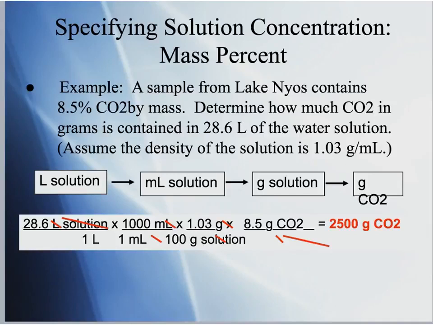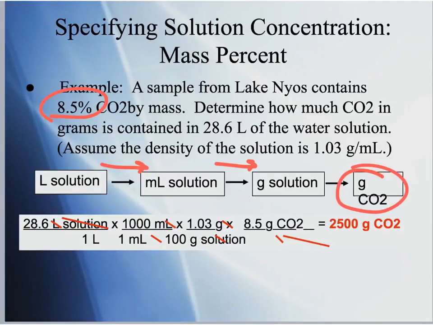We can convert that to milliliters of the solution. We could use the density equation as a conversion factor to get to grams of solution. And then from grams of solution, we could use our percent composition in order to get finally grams of carbon dioxide.